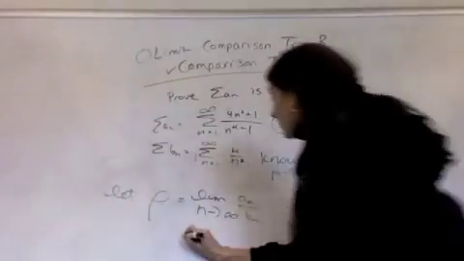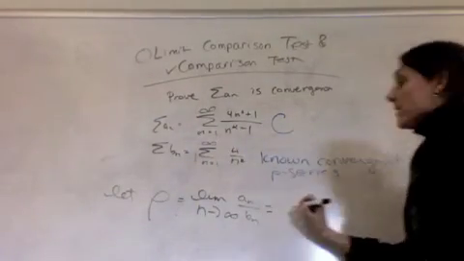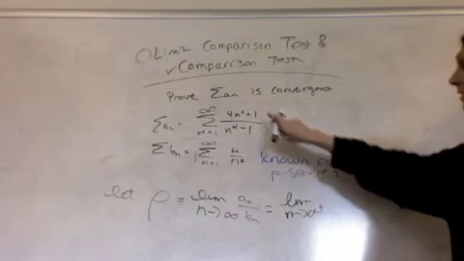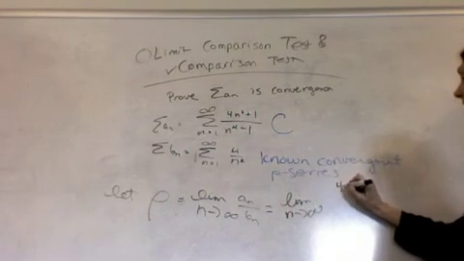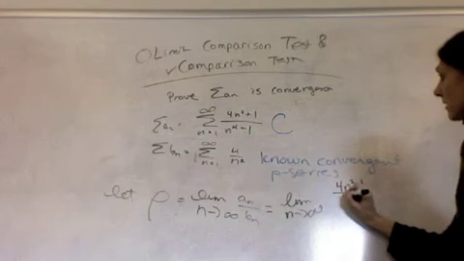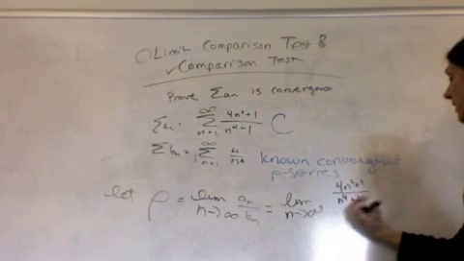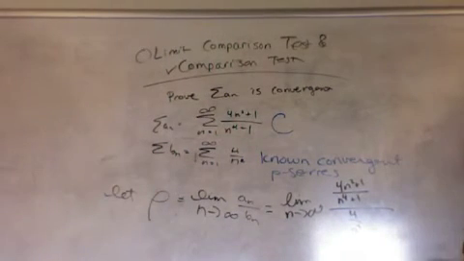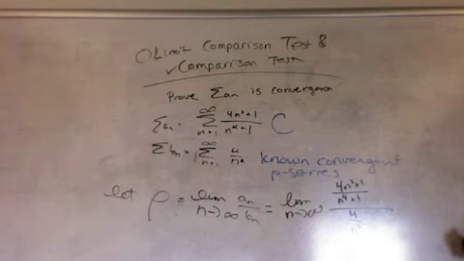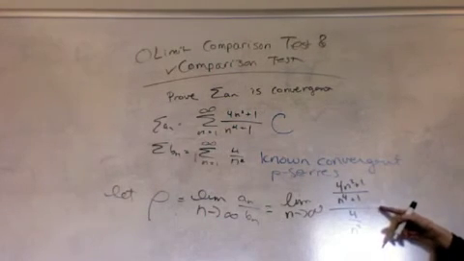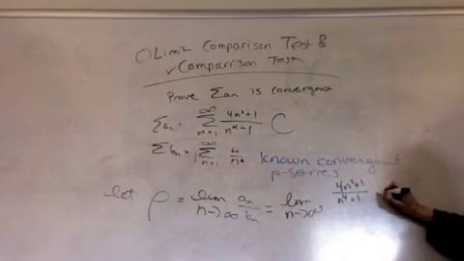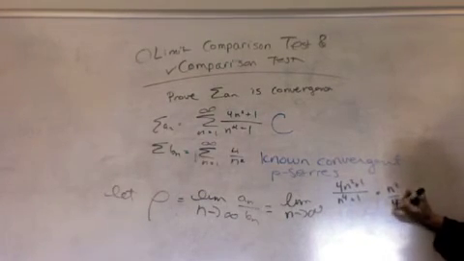Then the limit as n goes to infinity of this, divided by this, is the same as multiplying by the reciprocal. So can I just rewrite this to be times n squared over 4? Times n squared over 4.